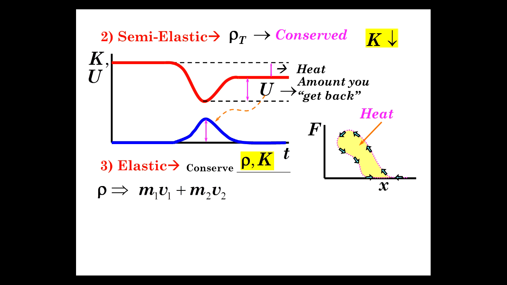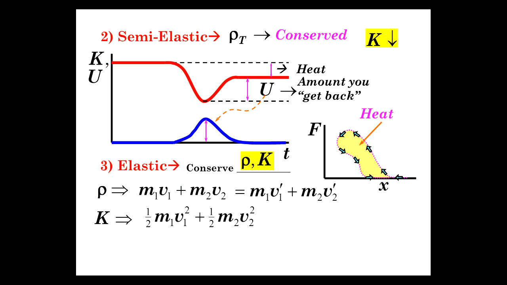So for momentum, we have the momentum of object 1 and object 2 before equals the momentum of object 1 and object 2 after, or mass 1 and mass 2 after. All these terms are maintained in this equation. For kinetic energy, we likewise have the four terms, namely the kinetic energy of object 1 and 2 before equals the kinetic energy after.